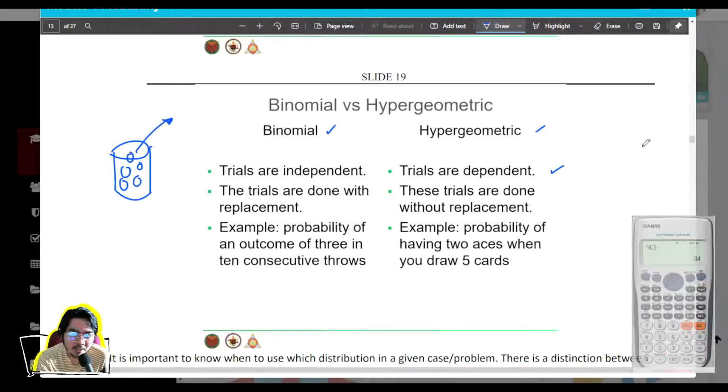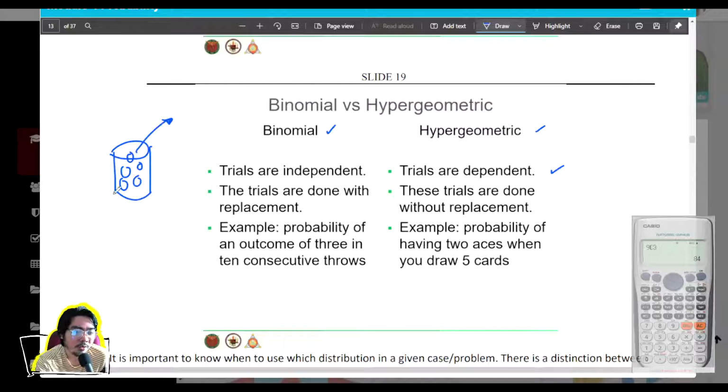Now, hypergeometric is when the trials are dependent. No? So for example, kung tinanggal ko tong first ball na to, hindi ko siya binalik. Therefore, magkaiba na yung next trial ko, kasi apat na lang yung natira dito. Tama?